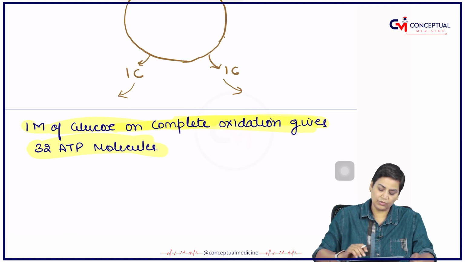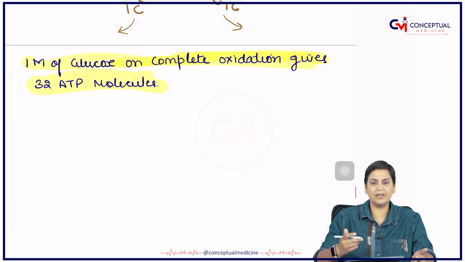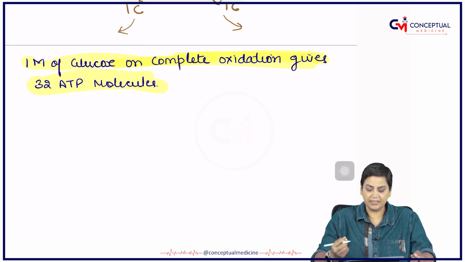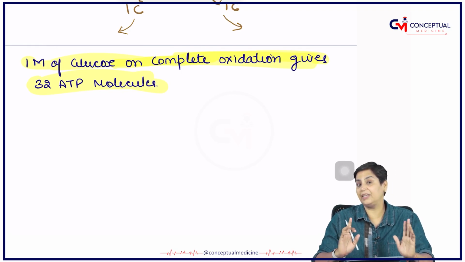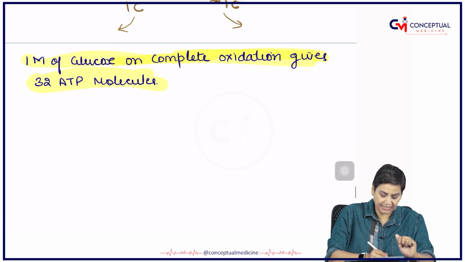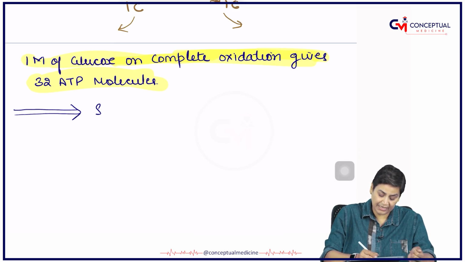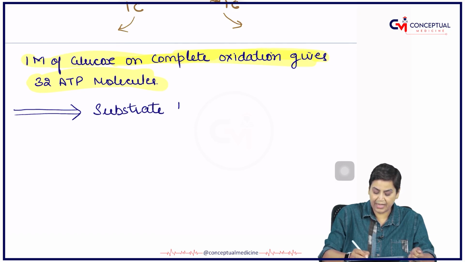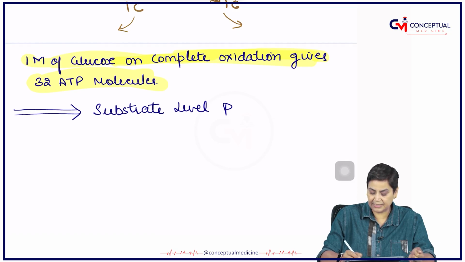Then we come over to the most important part, I would say, again after energetics, the substrate level phosphorylation, because the same process I mentioned in glycolysis where there were 2 steps of substrate level phosphorylation. So if we talk about TCA cycle, first of all, what is this substrate level phosphorylation? Now here also, if we have to define, I can simply say that substrate level.